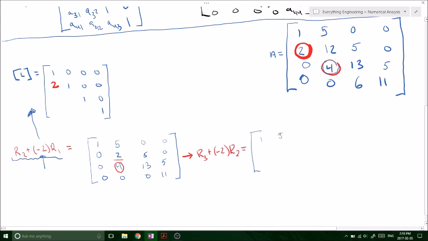The first row remains unchanged, the second row remains unchanged. And now the third row: 4 plus -2 times 2 is 0, 13 plus -5 times 2 is 3, 5 is 0, and the fourth row remains unchanged.